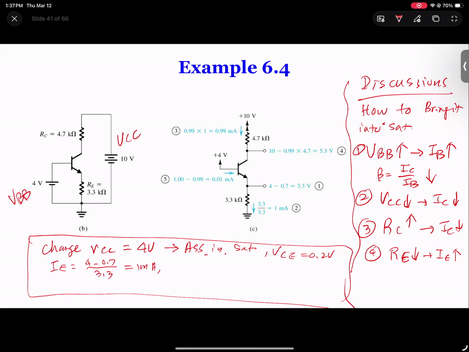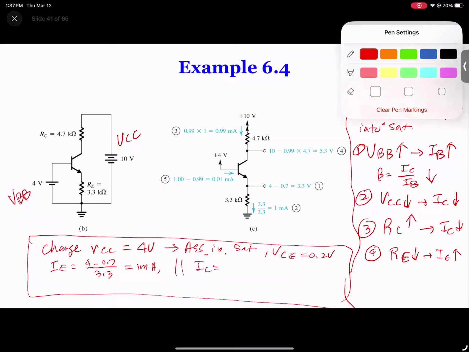So now I'm going to calculate IC, because I assume it's in saturation, right? Before I calculate IC, I have to calculate VE.